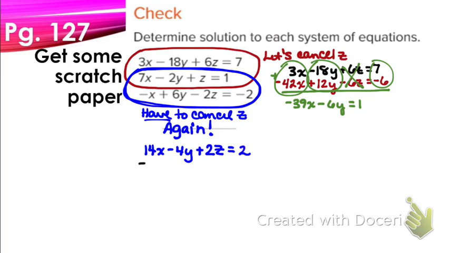I'm going to add that to negative x plus 6y minus 2z equals negative 2. We multiplied this top equation by 2.